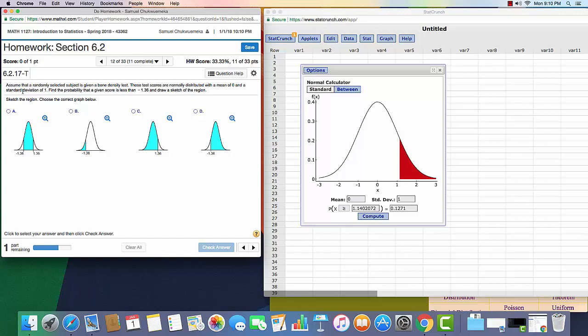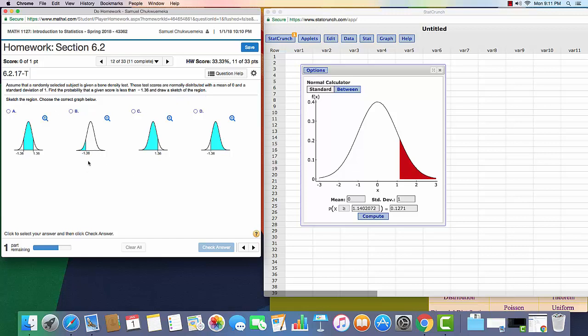Question 12. Assume that a randomly selected subject is given a bone density test. Those test scores are normally distributed with a mean of 0 and a standard deviation of 1. So that shows you can use the standard normal table. Find the probability that a given score is less than negative 1.36 and draw a sketch of the region.